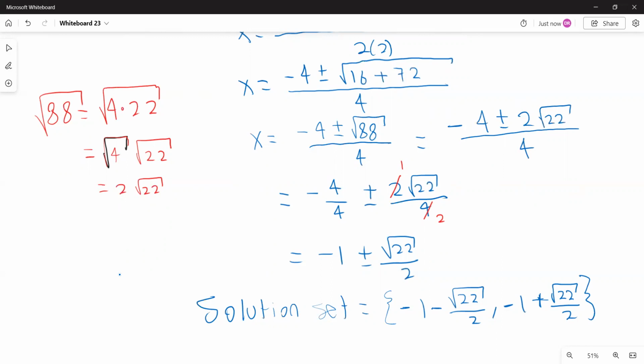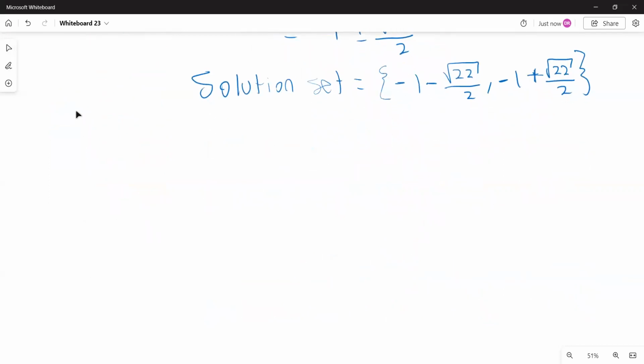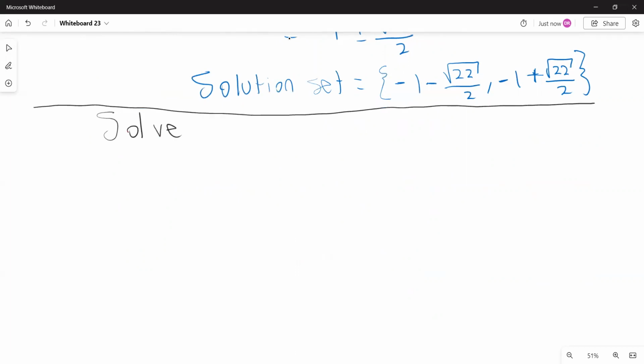Okay, next example. We are going to solve 2x squared plus x plus 3 equals 0.